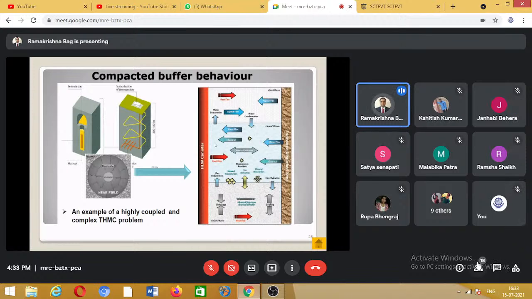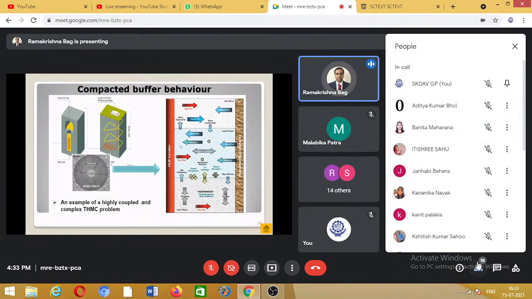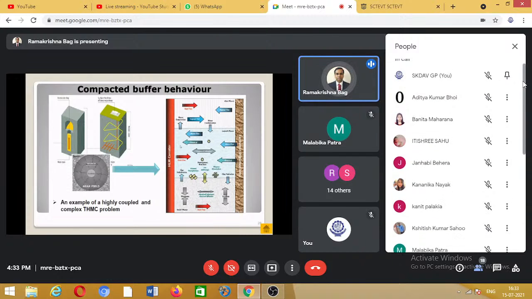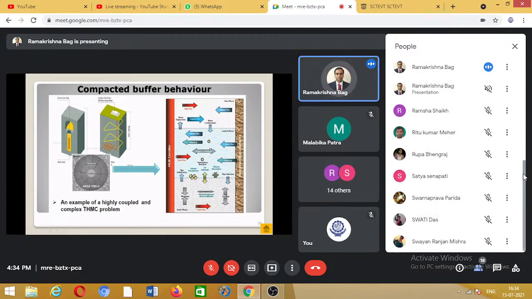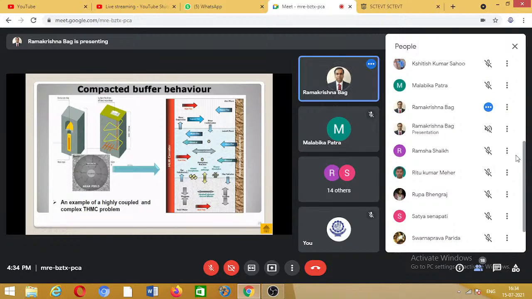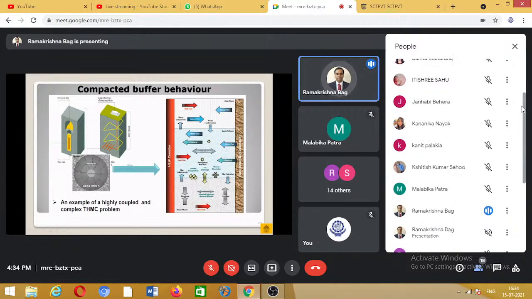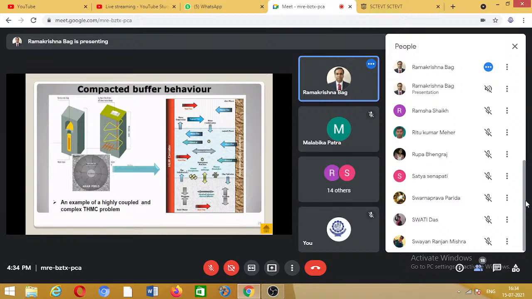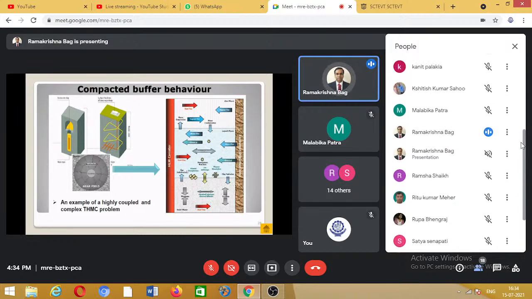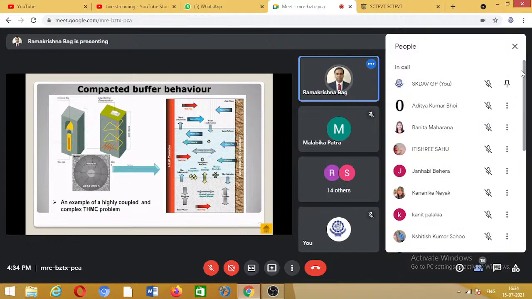So inside this shell, one side you may have more pressure and another side less pressure, which is the mechanical component. Also, due to the flow of water, there may be a change in the chemical composition, which is the C problem. In engineering terms, it is called the THMC problem: thermal, hydraulic, mechanical, and chemical.